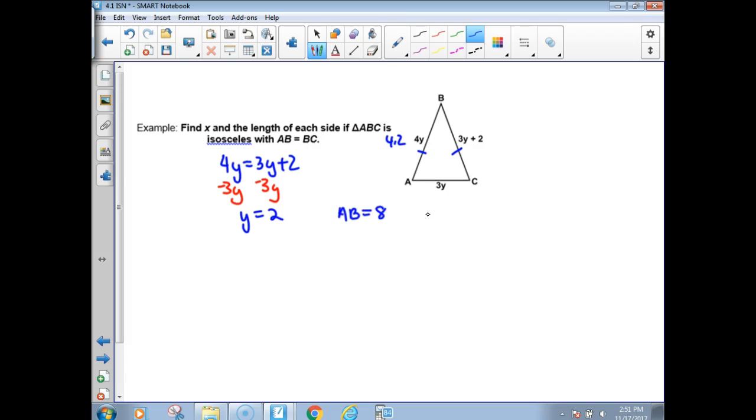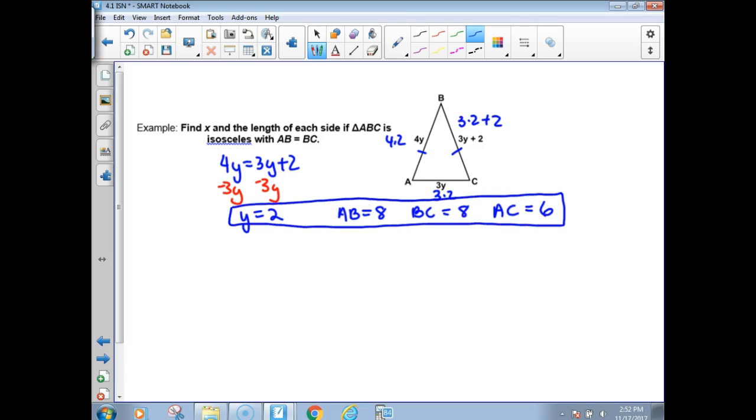Side BC is also 8, because 3 times 2 plus 2 is 6 plus 2, and that's 8. The other side, AC, is 4 times 2... no, 3 times 2, which would be 6. So the question actually had 4 answers.